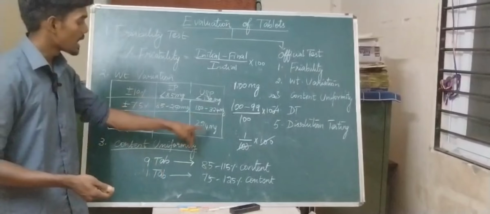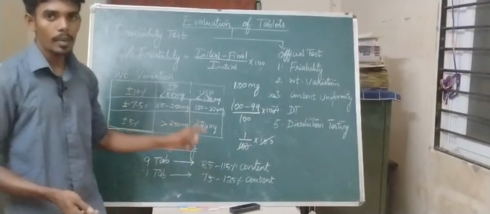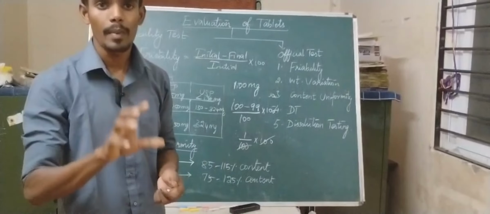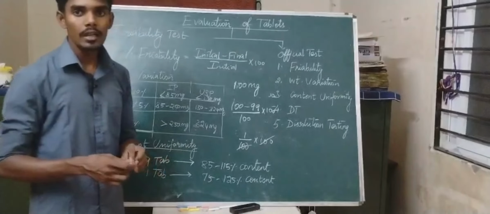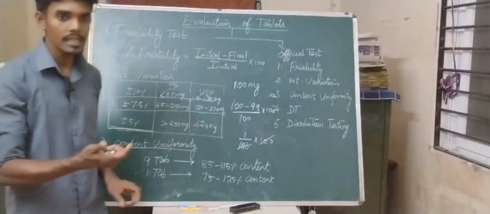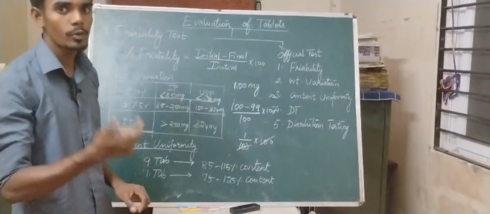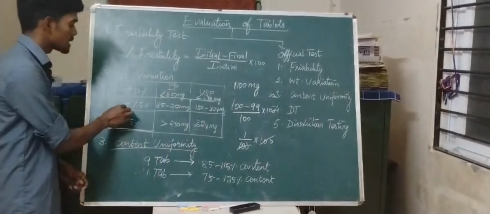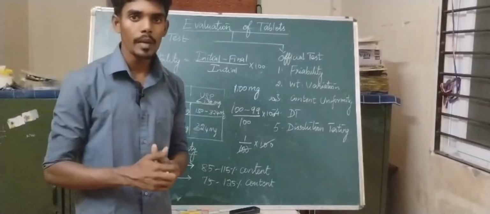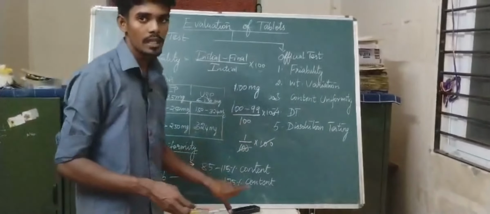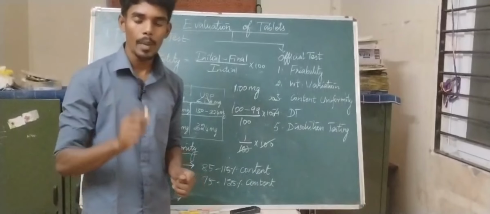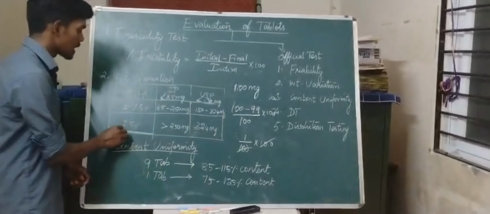Moving on to the 130 mg to 325 mg tablets, if we take a batch containing 200 mg tablets, which falls in the range of 130 to 325 mg, the weight variation should be in the range of plus or minus 7.5%. In some cases the tablet may be greater than 324 mg, and in that case the tablet should have weight variations of plus or minus 5%.